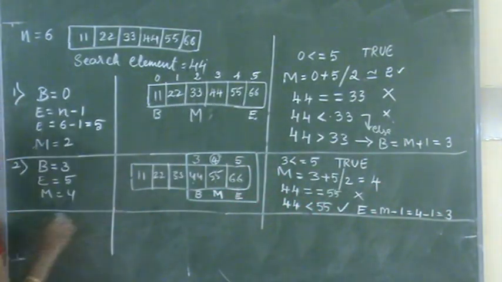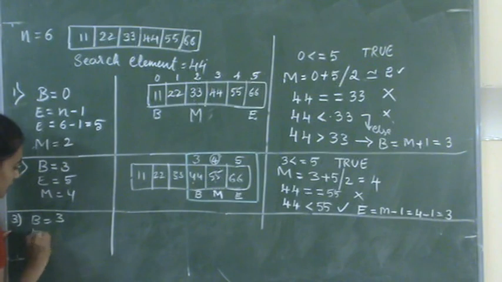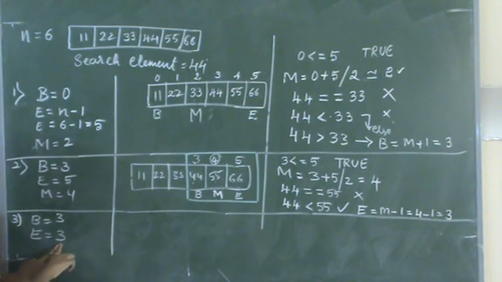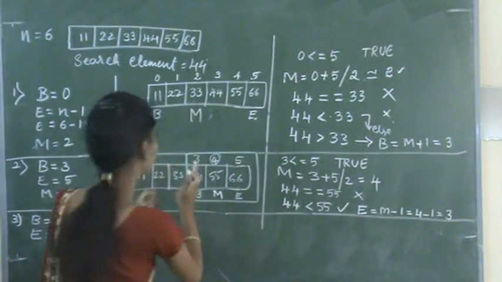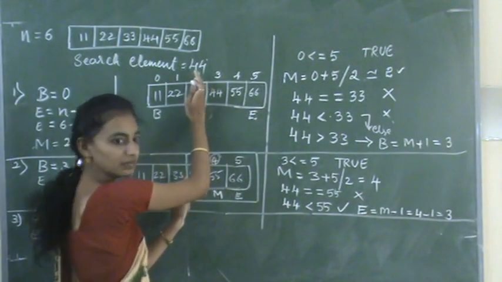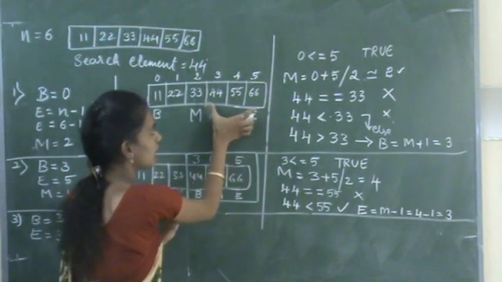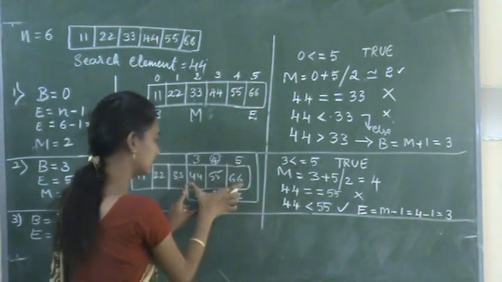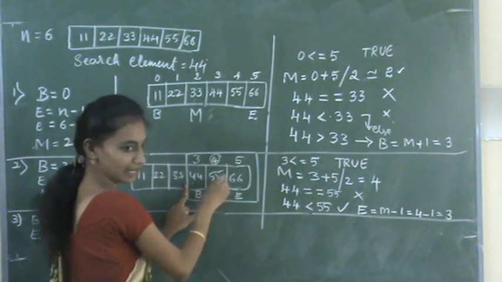So for the next step, the beginning is the same, which is 3. End also becomes 3 here. From this array, we are considering the right portion of this array. From this array, we are dividing at the mid element.